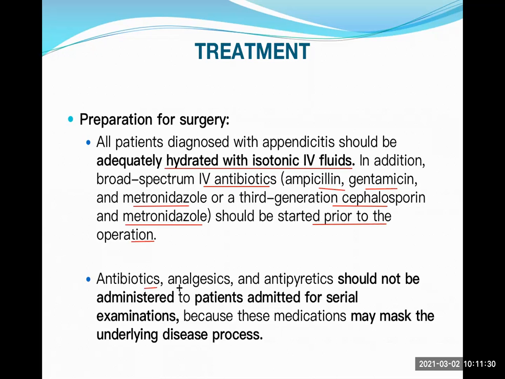Antibiotics, analgesics, and antipyretics should not be administered to a patient admitted for serial examination, because this medication may mask the underlying disease process. Now, you may not agree with this statement. Some of the students have not understood what the meaning is here, so please listen properly. You are a young doctor there, an inexperienced doctor. You have not seen this type of case before.